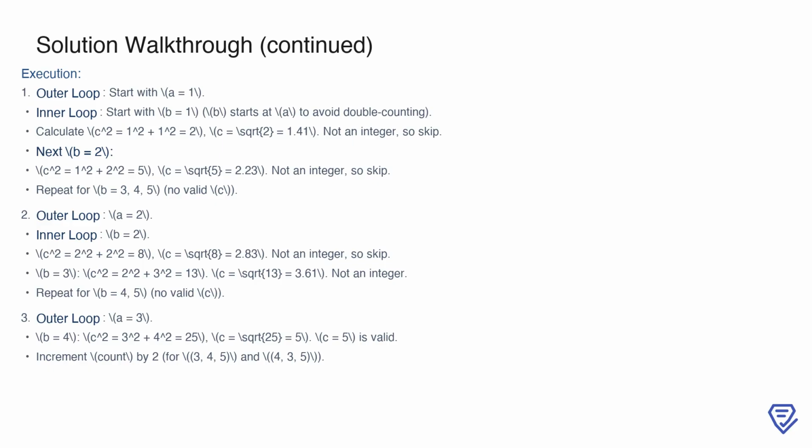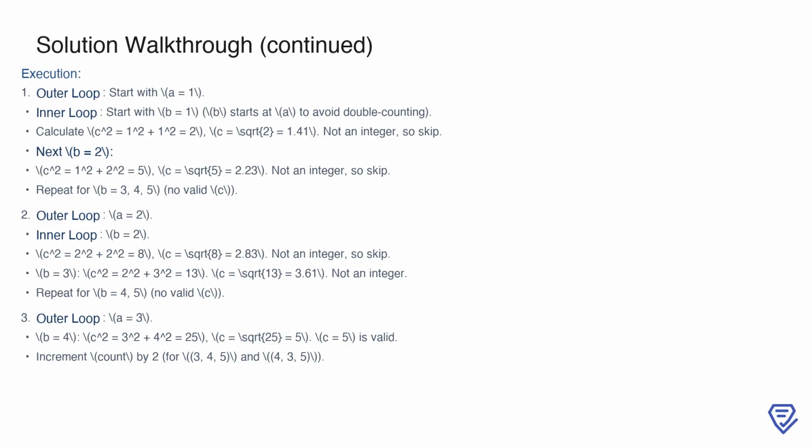When a equals 1 and b equals 1, we calculate c squared equals 1 squared plus 1 squared equals 2, and c equals sqrt 2 equals 1.41. Since c is not an integer, this combination is skipped.